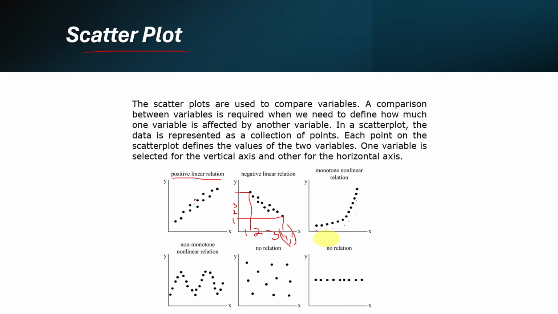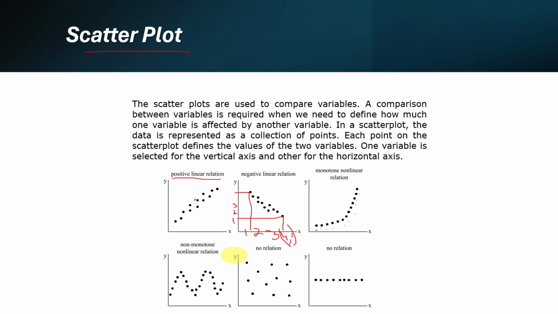Monotone linear relation is like this. It goes from the x-axis and then it goes all the way up. X-axis increases, y-axis increases. Non-monotone linear relation is up and down, up and down. No relation means the points are all over the place.